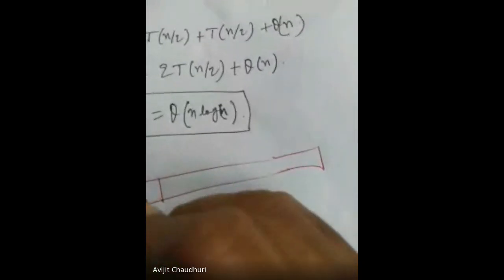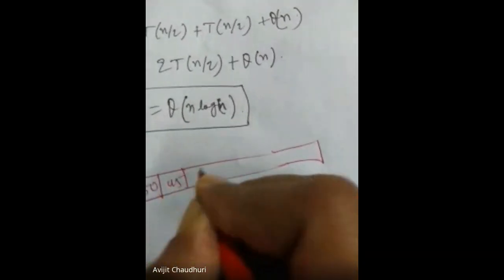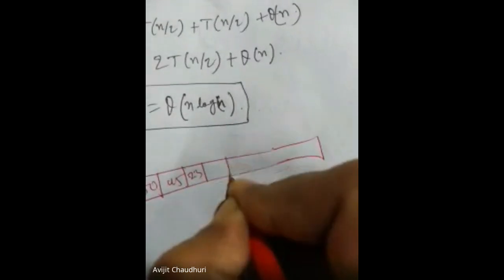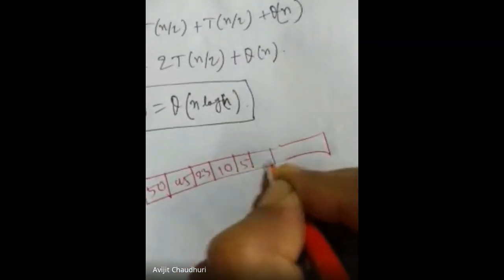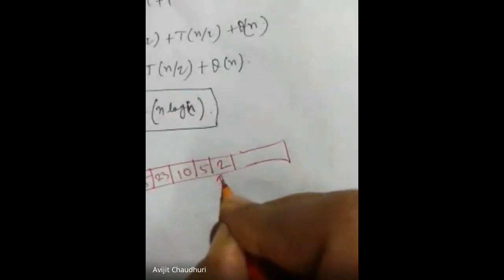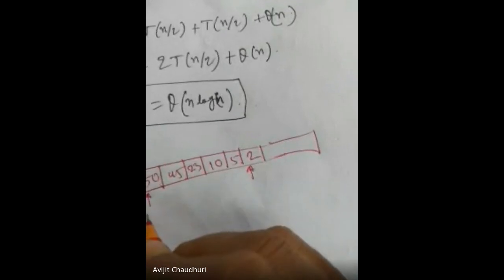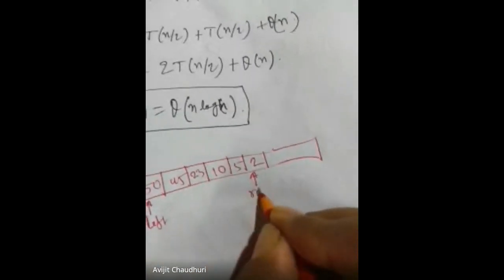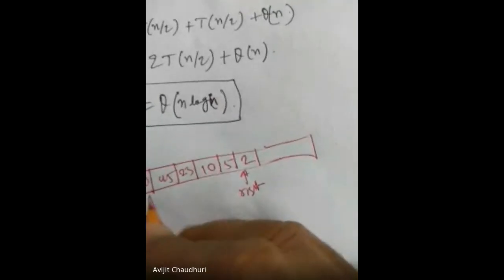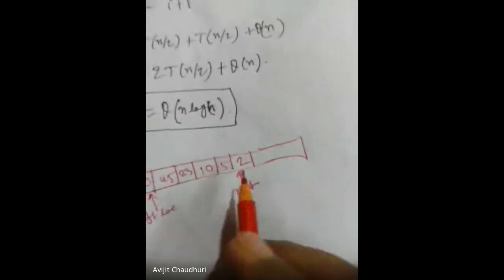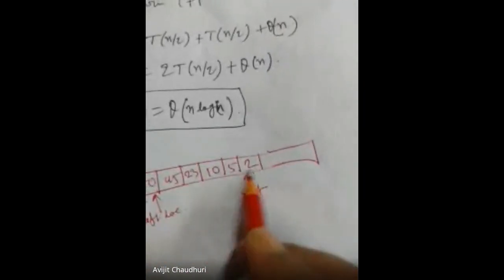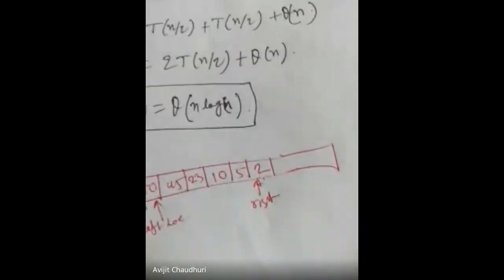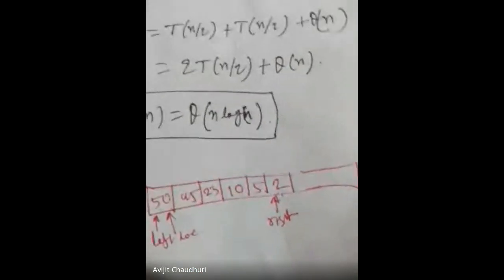If it is reversely sorted: 50, 45, 23, 10, 5, 2. Here I am putting the element here left, here right, here location. Every location will be changed.